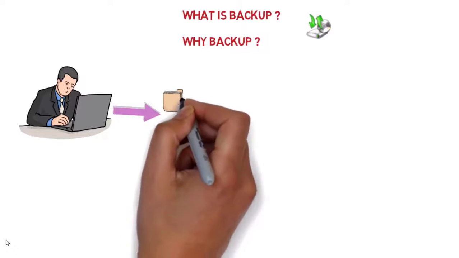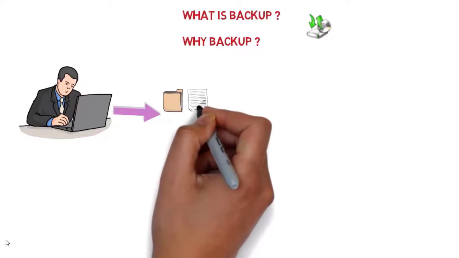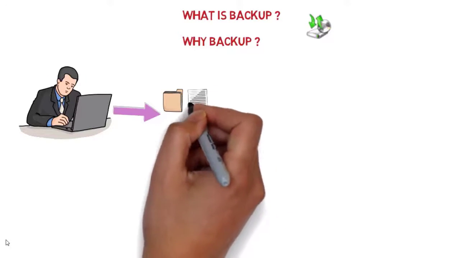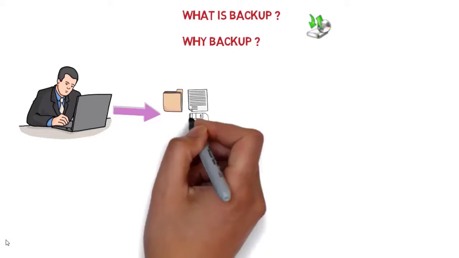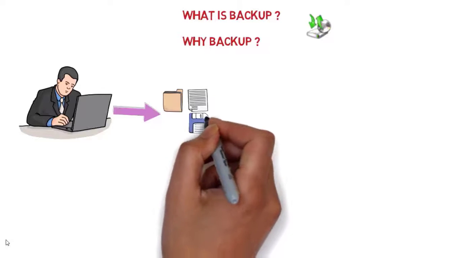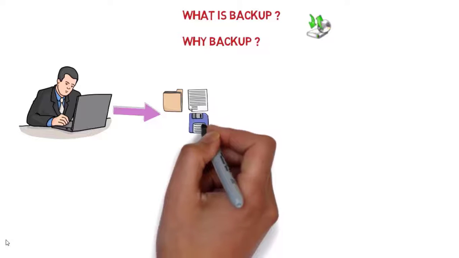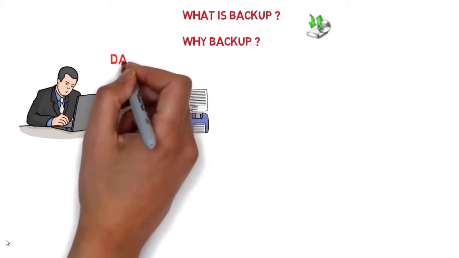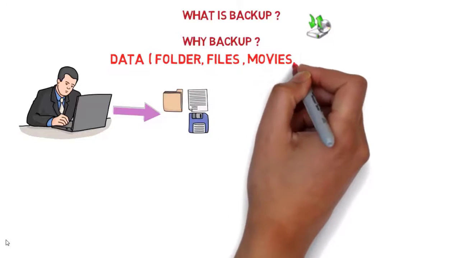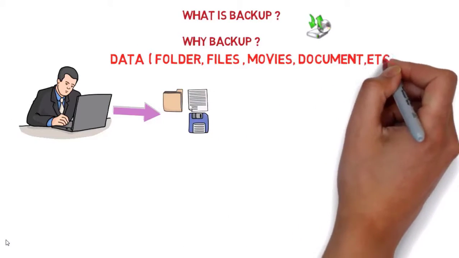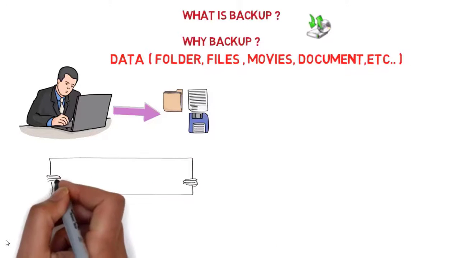Some folders you create, a lot of files you create, software files, company files, computer files, company presentation files, your important presentations with your computer data files, and a lot of your company and system data files. That is called data: folders, files, movies, documents, anything. That is data stored on your hard disk and system.